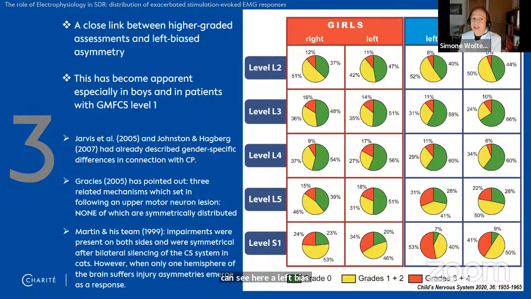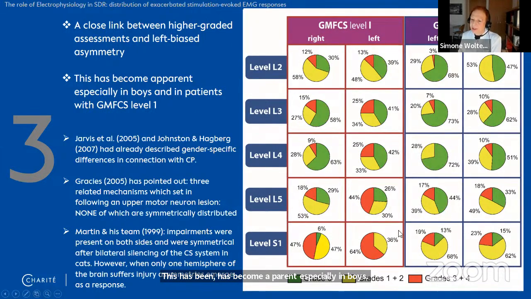This has become apparent especially in boys and in patients with GMFCS level 1, which is shown here. Right-hand side, left-hand side, and many more grades 3 and 4 in these patients.